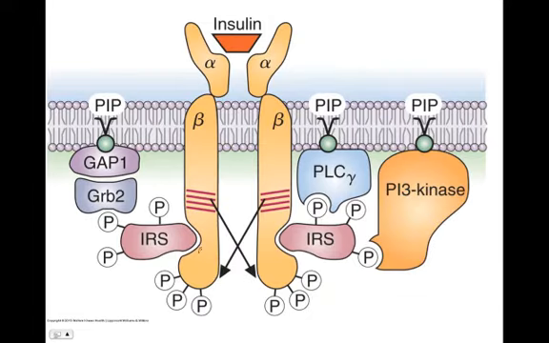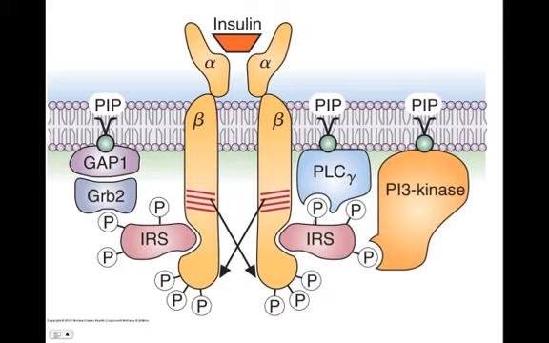So let's briefly review the mechanism of insulin signaling. Insulin signals through a receptor tyrosine kinase. When insulin is bound, the receptor will autophosphorylate and recruit the IRS.